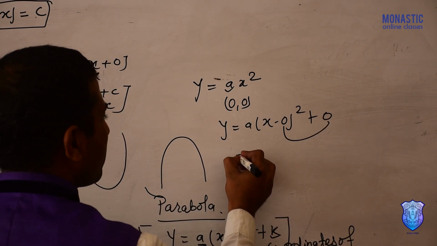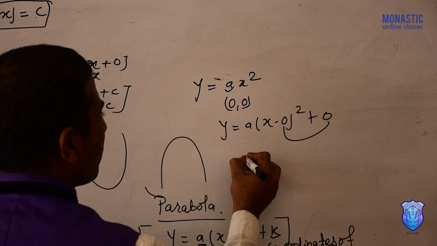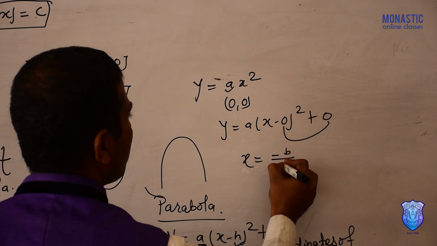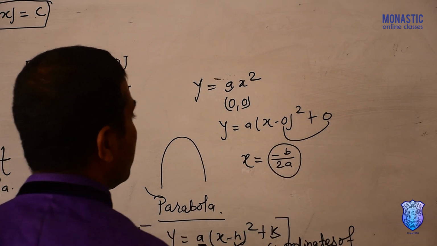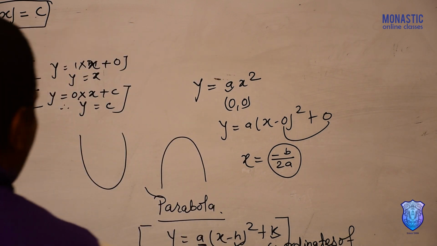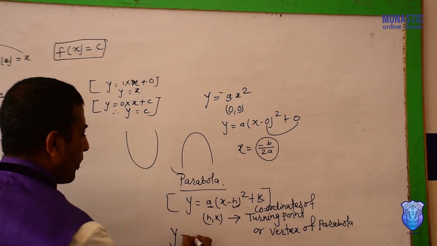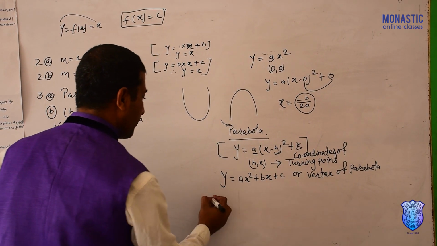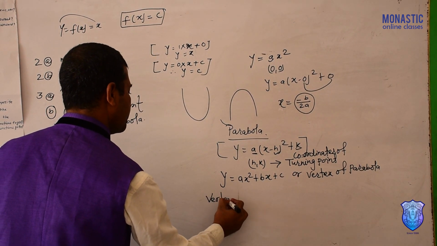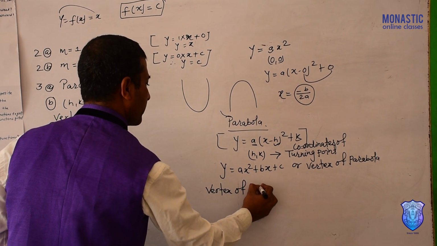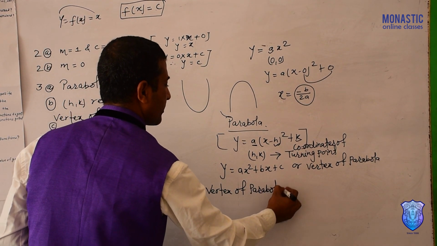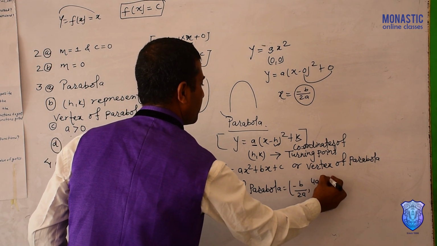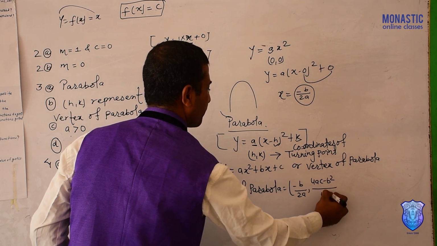And for the line of symmetry, we have the formula x equal minus b by 2a. When the quadratic equation is in this form, then the vertex of the parabola is minus b by 2a, 4ac minus b square by 4a.